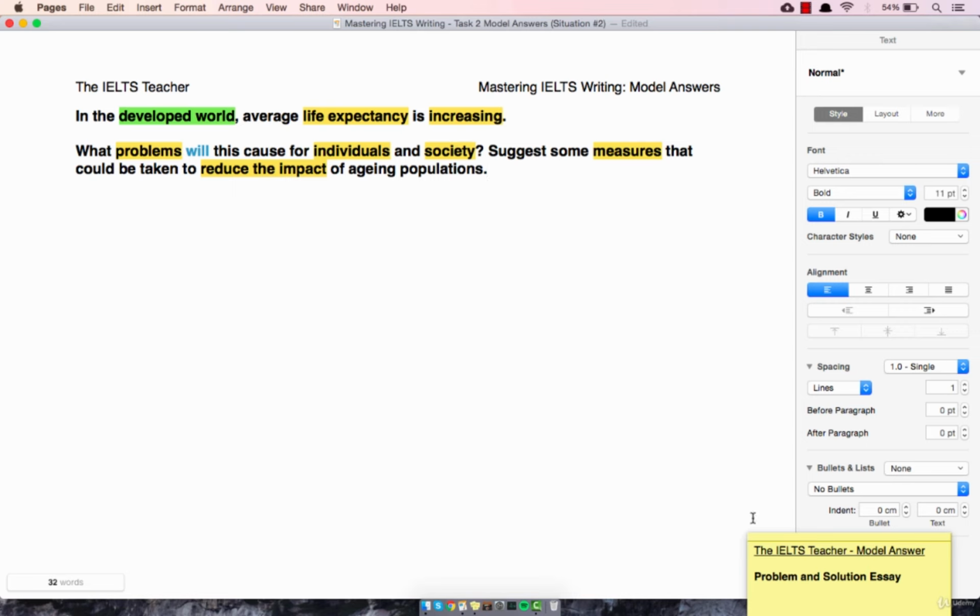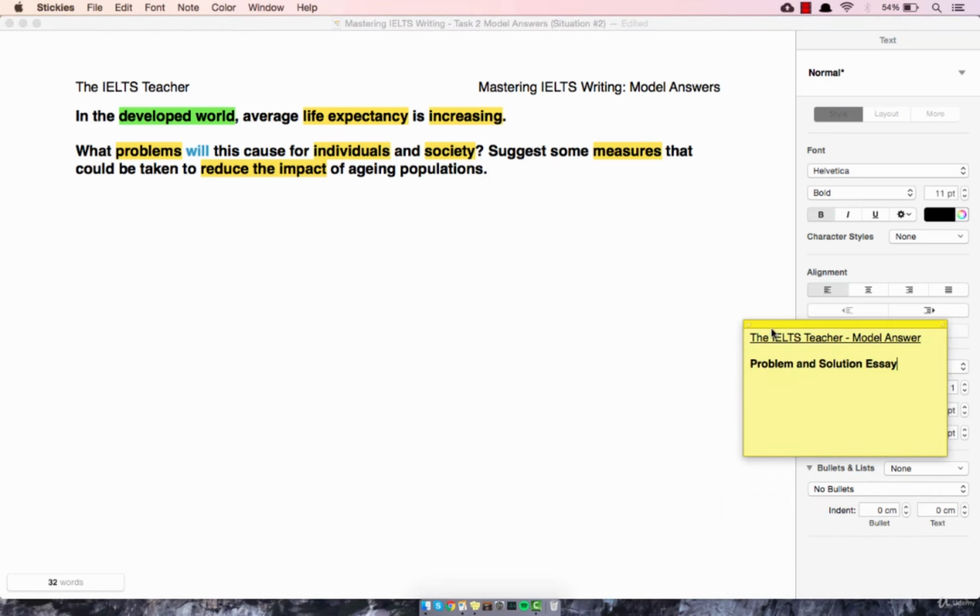Okay, now let's think about a plan here. And of course, as usual, we want to have a clear theme for each of our body paragraphs. Sometimes we may just pick out one problem for body paragraph 1, a different problem for body paragraph 2.